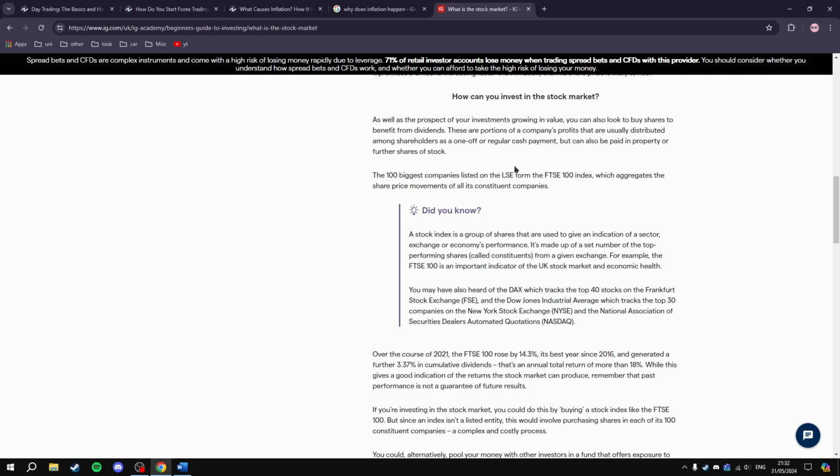As well as the prospect of your investments growing in value, you can also look to buy shares to benefit from dividends.